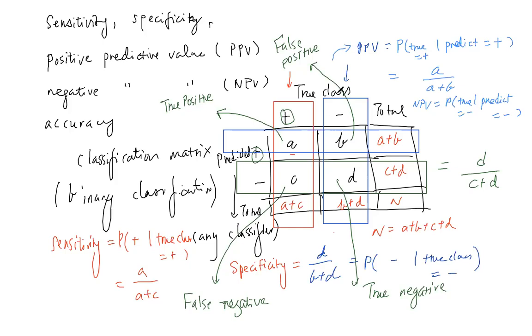Okay. So for example, if somebody has COVID, but the test result shows that this person is negative, then you have a false negative, and this person will go out and maybe interact with a lot of people, and so this person may actually spread the virus, right? So in this case, your false negative is more serious compared to a false positive.